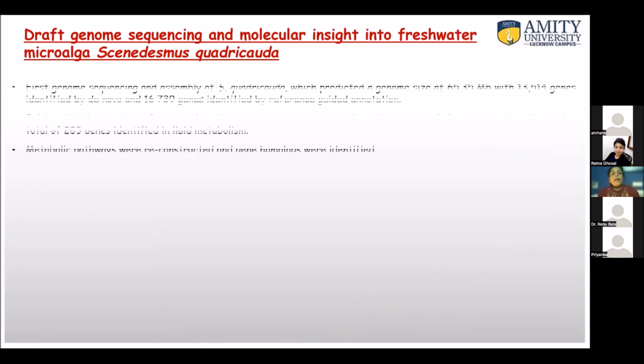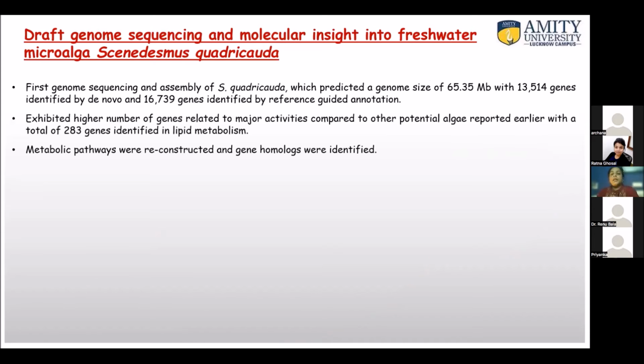So we have done genome sequencing of a particular microalgae, freshwater microalgae. The name is Scenedesmus quadricauda. Why we have chosen this algae? Because we have screened so many algae for lipid production and biomass production. And we have found this algae is very important and very potential for biomass productivity and lipid yield.